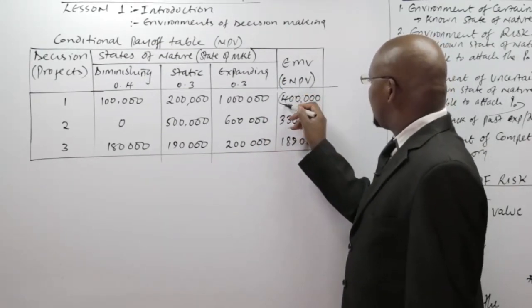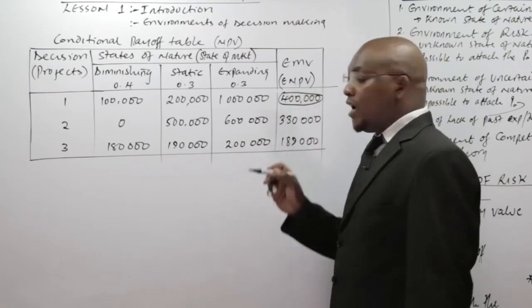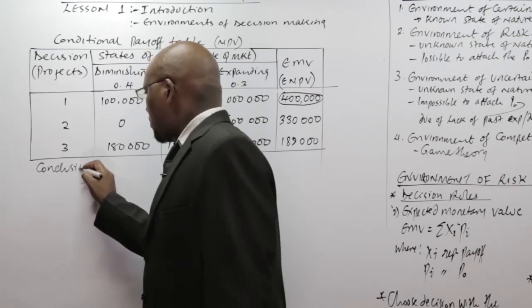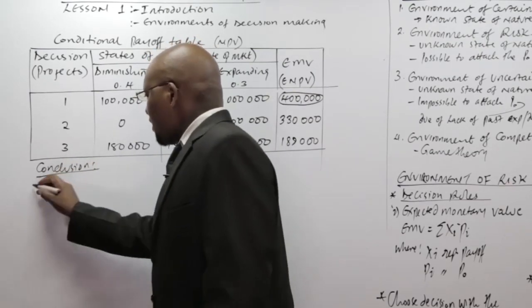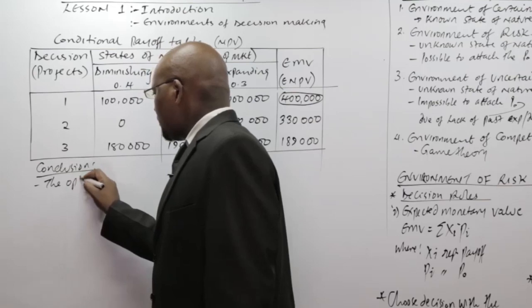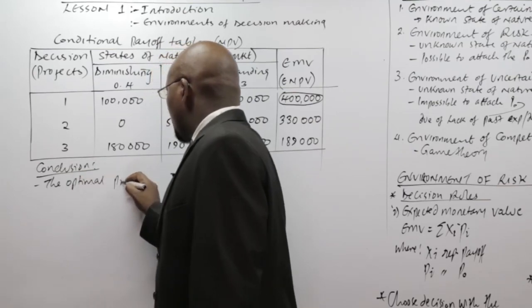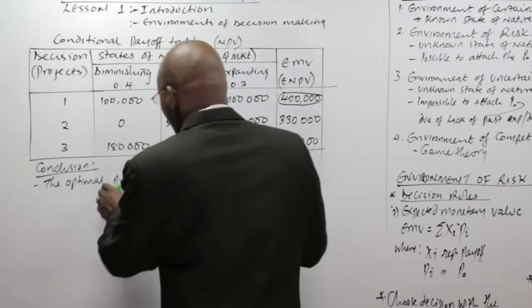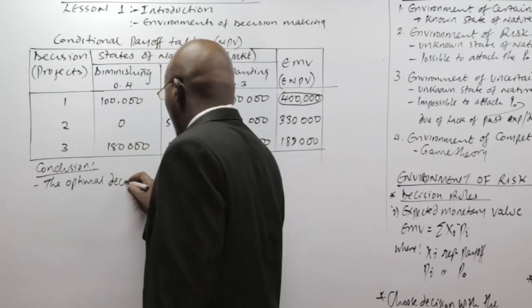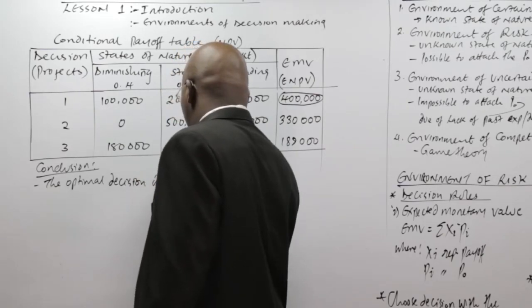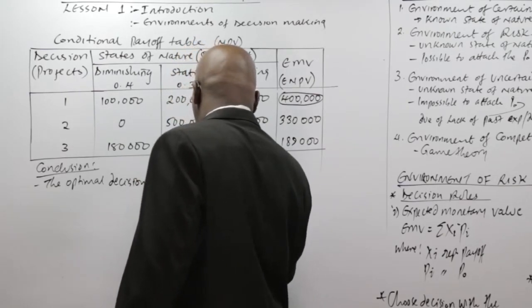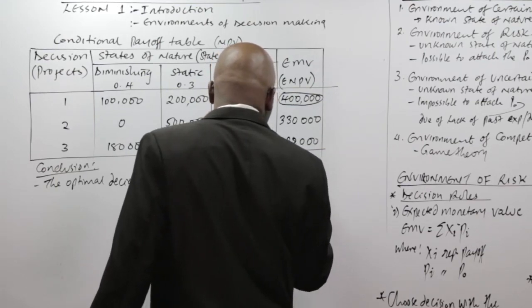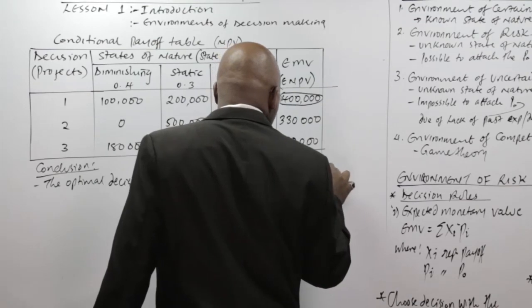400. And on that, now we'll say here that this is now the conclusion: the optimal project, or either the optimal decision, is project 1 with the highest EMV.